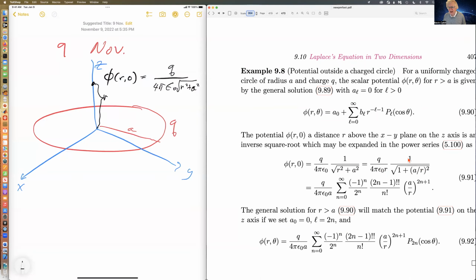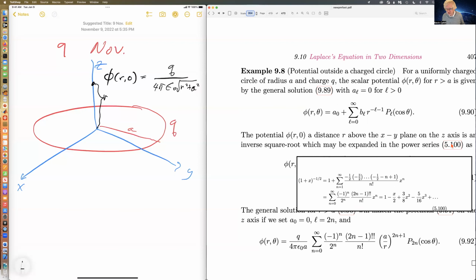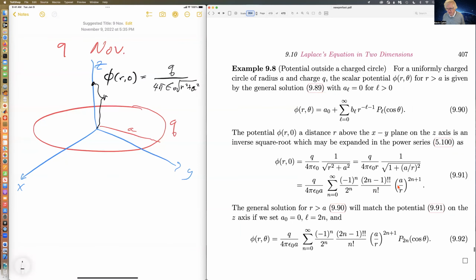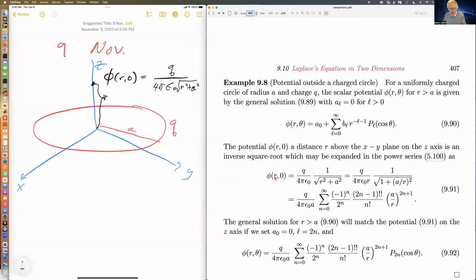Now, back in the chapter on infinite series, chapter 5, we showed how to expand such an inverse square root, and copying that formula, we can write the potential on the z-axis at a point r above the xy plane as this power series in a over r.